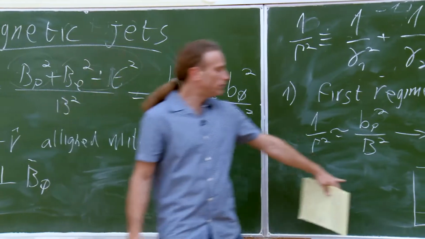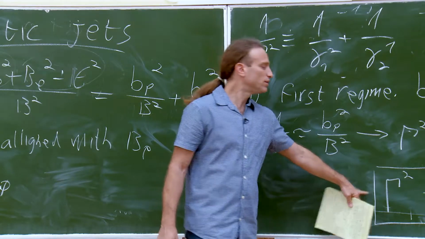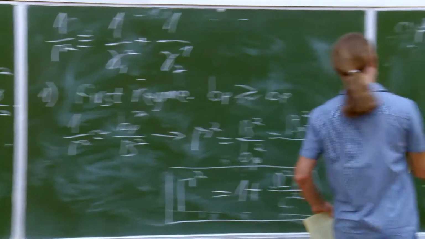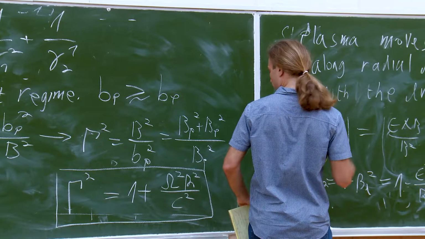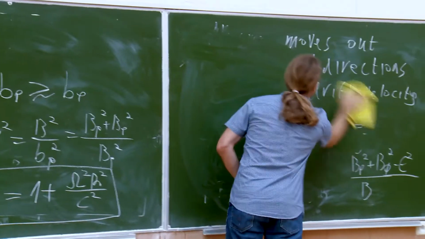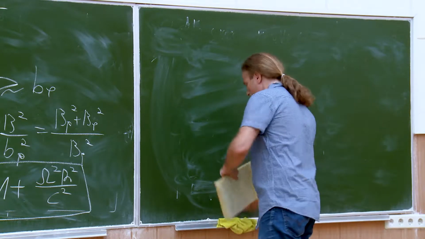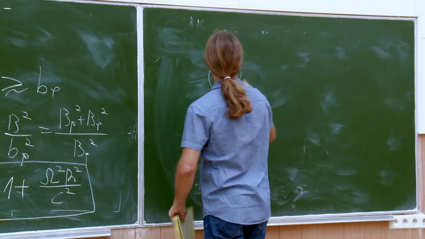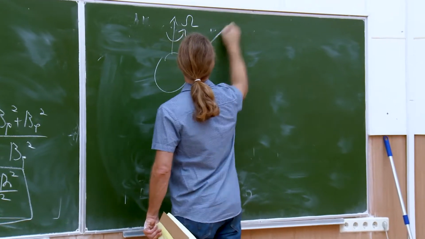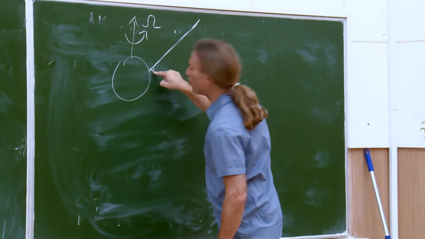Okay? So how does this behave? Let's look at this quantity. To remind you, I have a sphere, and the sphere rotates at angular velocity omega. I have a magnetic field around here, and motion here into the board.